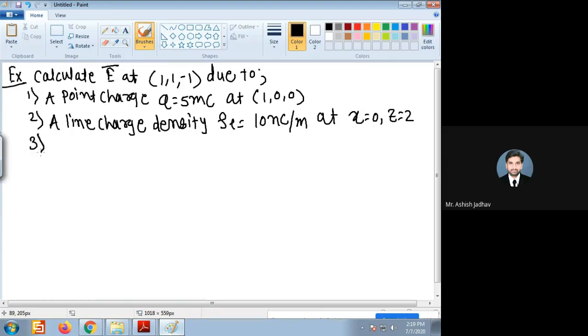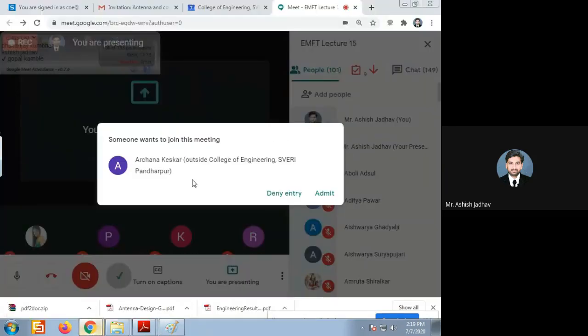Next is 3. A plane, that means a sheet charge, x equal to 4, carrying rho s is equal to 10 nanocoulomb per meter square. Right. So again, 3 charge configurations are given.